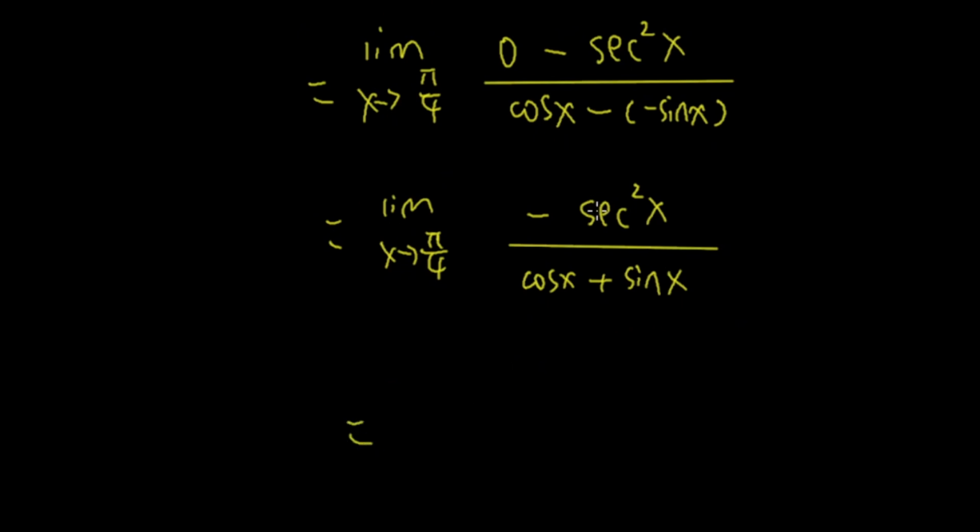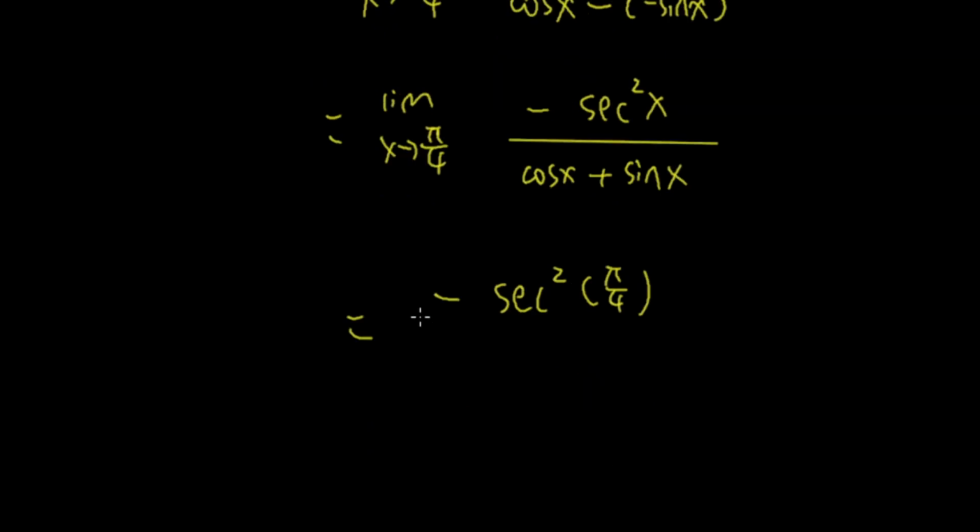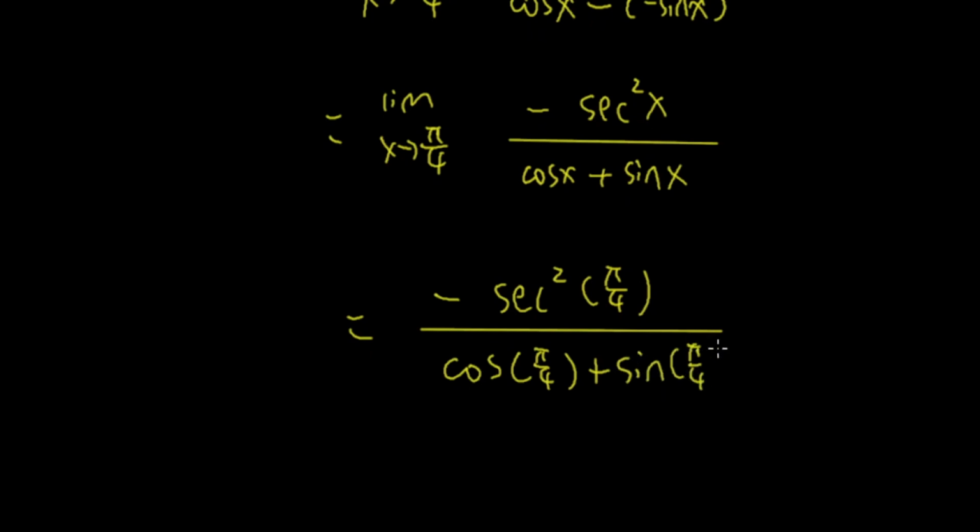Now, secant square x is 1 over cosine square x. Let me write like this. Negative secant square pi over 4 divided by cosine pi over 4 plus sine pi over 4.